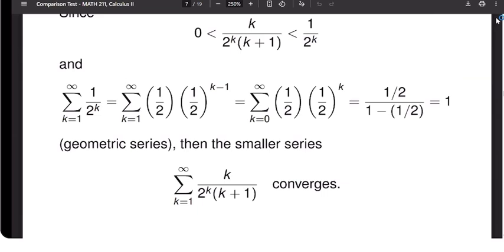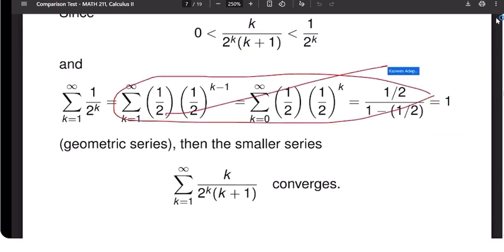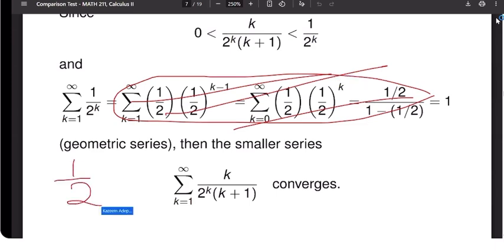But let me tell you this: if you don't want to waste your time, if you don't want to do all this, look at what you can do. 1, that is the same thing as 1 over 2 raised to power k.